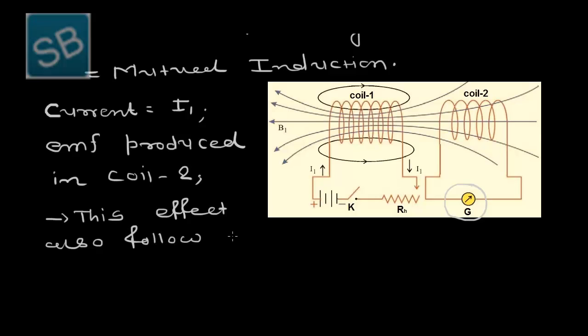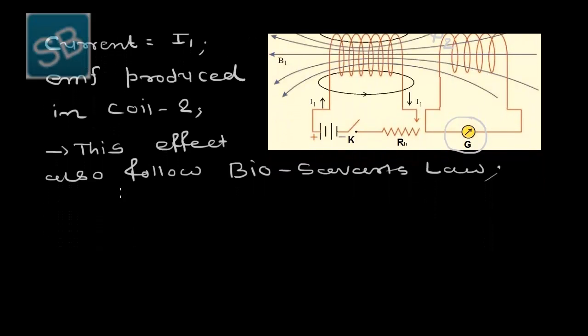Now, for a given position of coil 1 and 2, they also follow the Biot-Savart law, and here the flux in coil 2, that means phi 2 of coil 2, will be proportional to the current I1, because it is as per the definition of mutual inductance. Therefore, phi 2 is proportional to the current in coil 1.